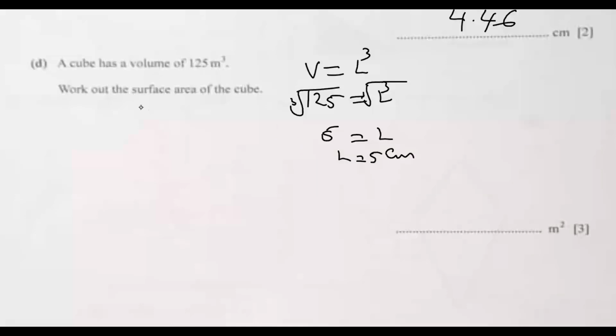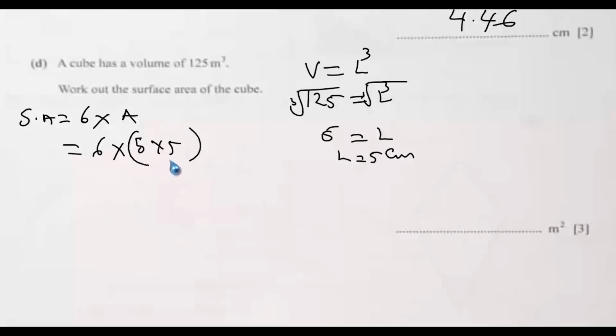Then we also work out the surface area of the cube. So the surface area of a cube equals 6 times area of one face, right? So the area of one face will be L times L. So we're going to have 6 times L times L, that will be 5 times 5. So 5 times 5 is the area of a face.